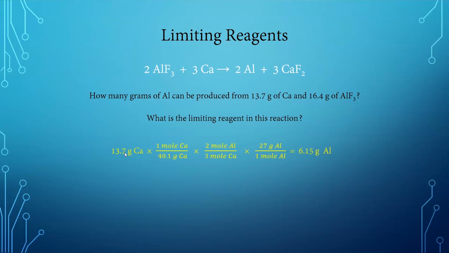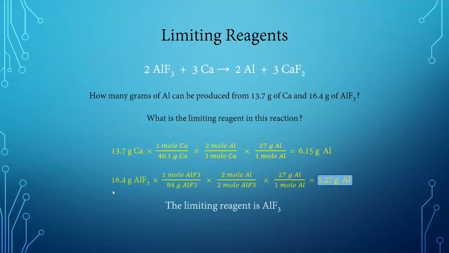First, we'll calculate using the calcium. Based on that calculation, this is one we did earlier, we came up with 6.15 grams of aluminum could be made from 13.7 grams of calcium. We now need to do the same type of calculation, but this time we'll begin with our grams of aluminum fluoride.